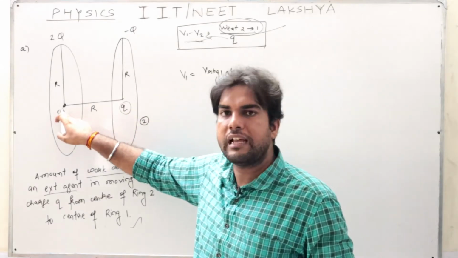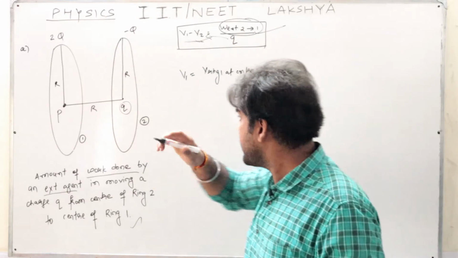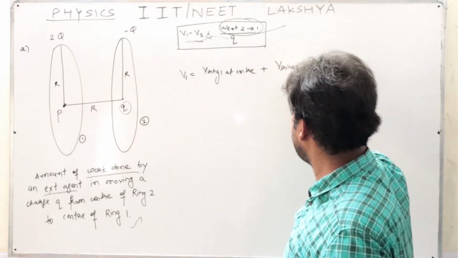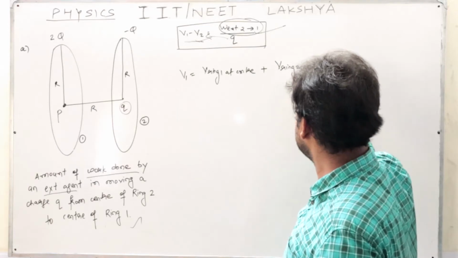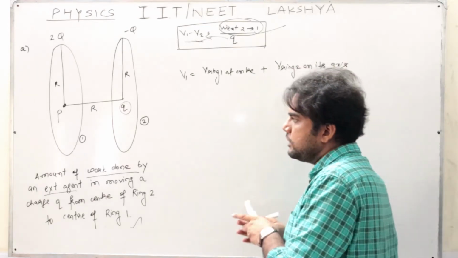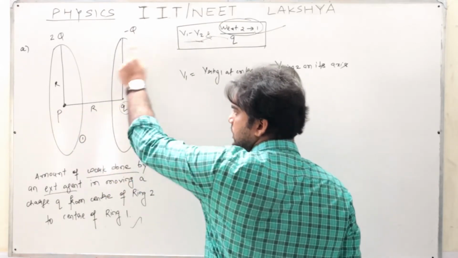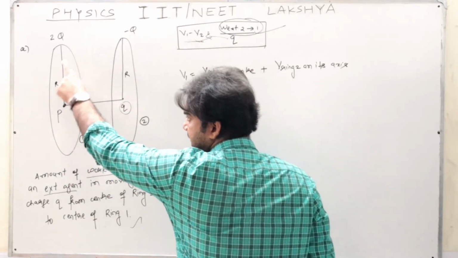since this point behaves like the center of ring 1, plus the potential due to ring 2 on its axis. If you see carefully, point P is lying on the axis of ring 2 and at the center of ring 1.